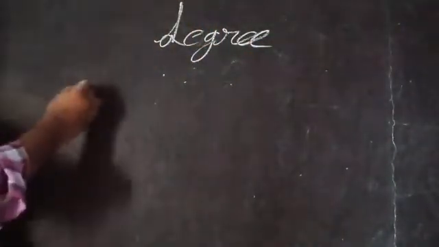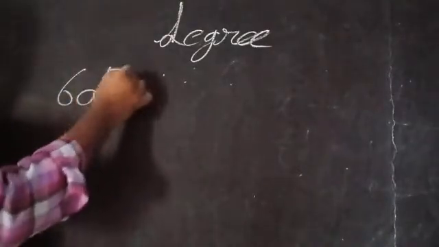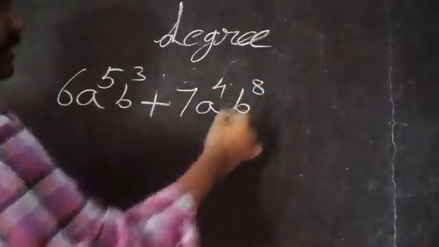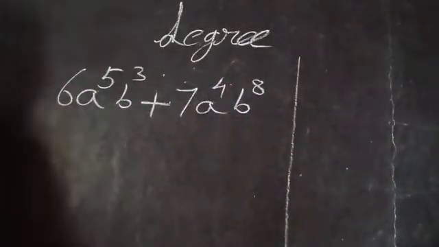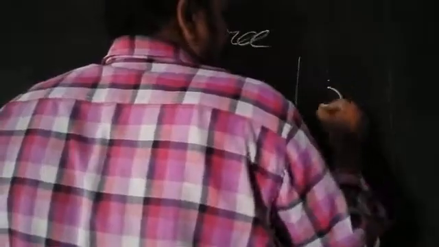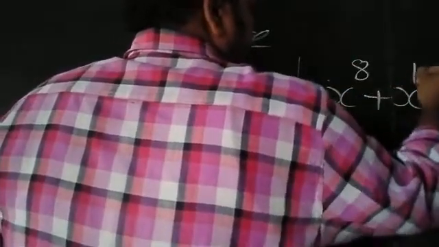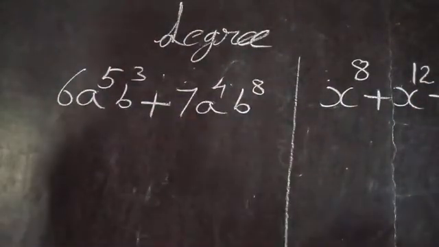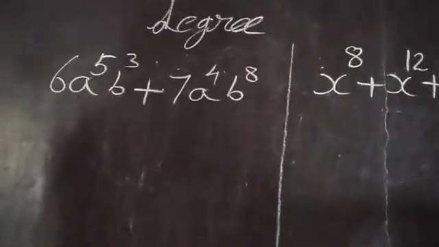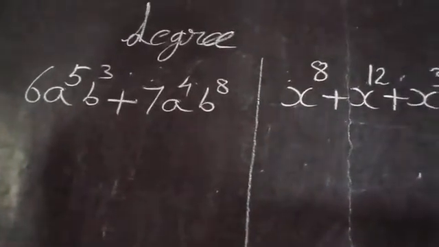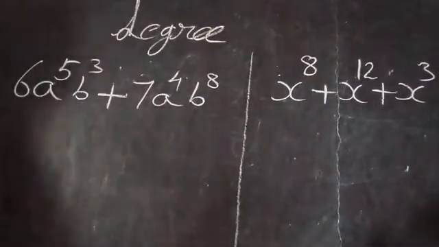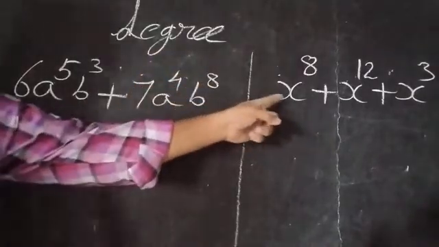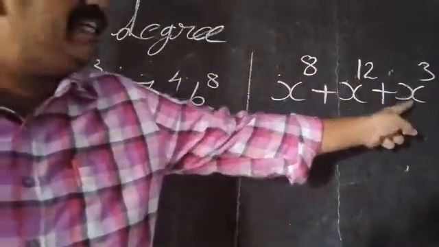Once again about the degree. 6a power 5 b power 3 plus 7a power 4 b power 8. This is one sum. The other sum is x to the power of 8 plus x to the power of 12 plus x to the power of 3.